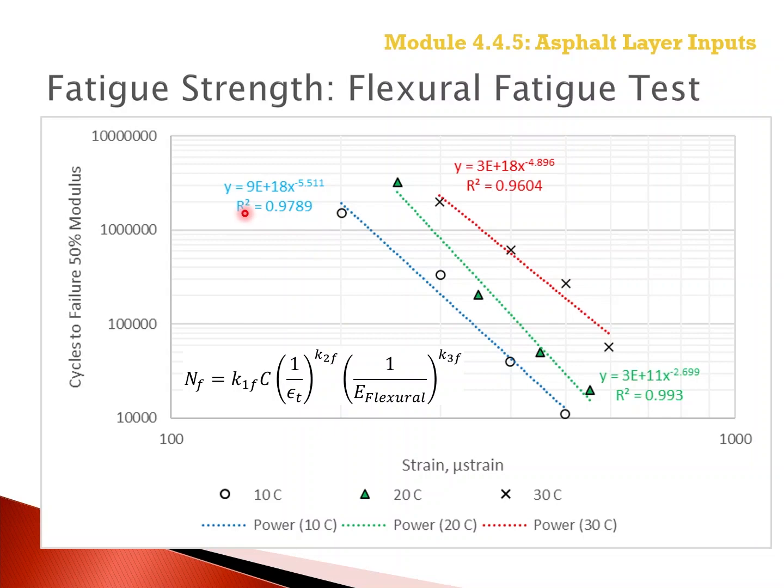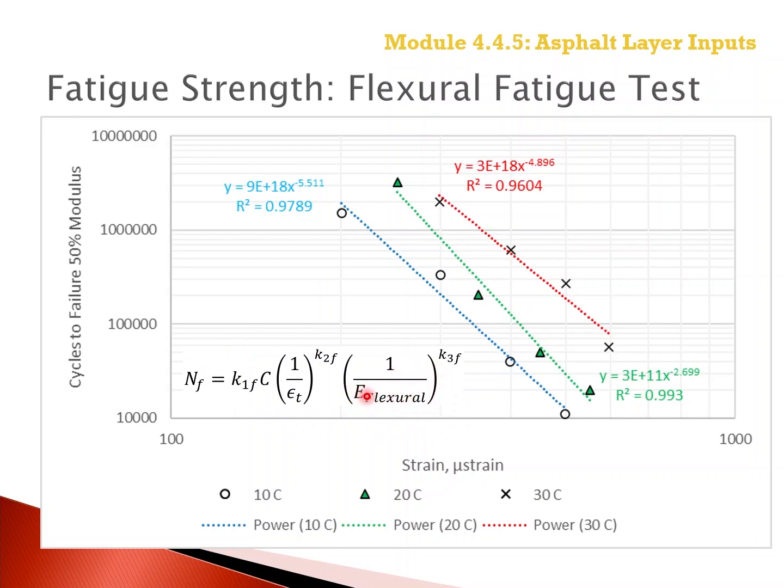The bottom-up fatigue cracking transfer coefficients are derived by combining all of the test data into one regression equation that also includes temperature, as shown here.